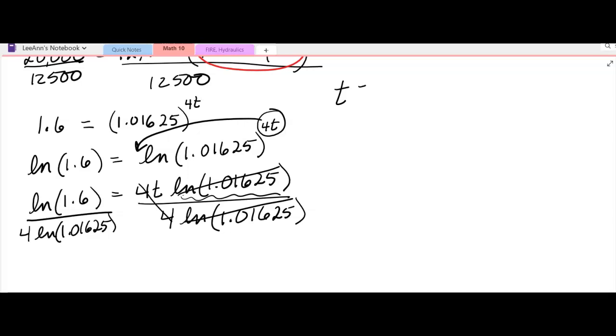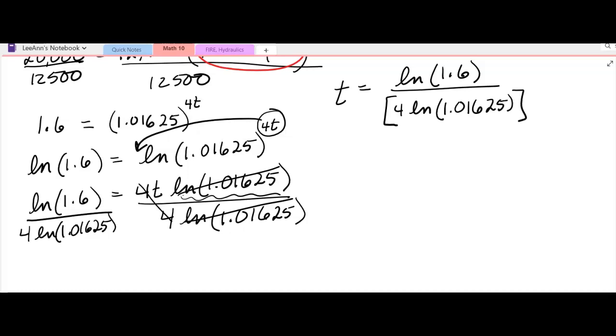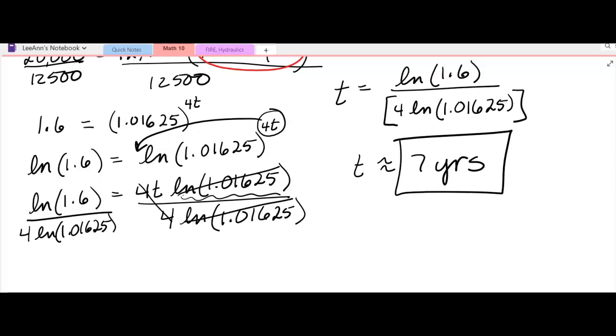So t is equal to the natural log of 1.6 divided by, now I'm going to put brackets around here because if you don't, I'm worried you'll get the wrong answer. You have to divide by both of those things, so you can just put the brackets in 1.01625. Okay, so you do all that on a calculator, and it turns out that t is about 7 years. So it said round to the nearest year, so there you go.